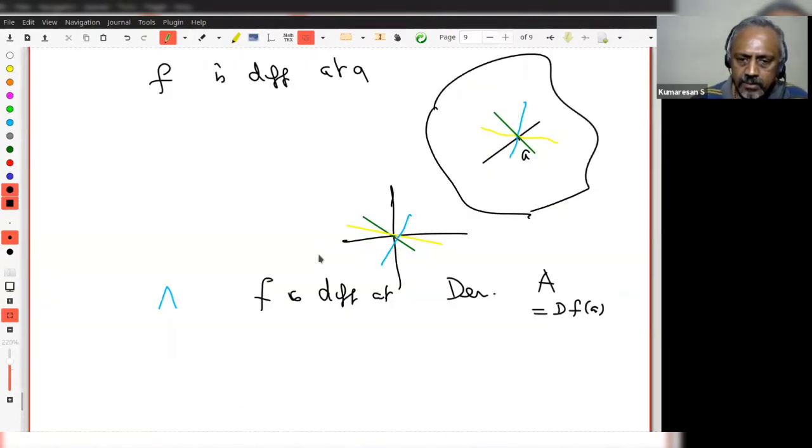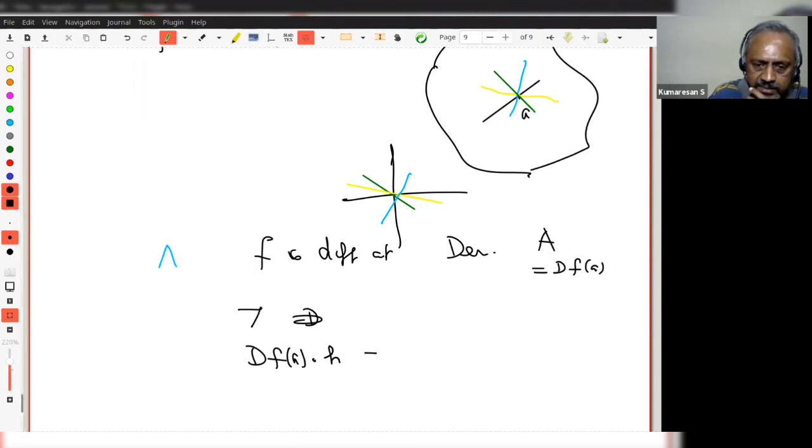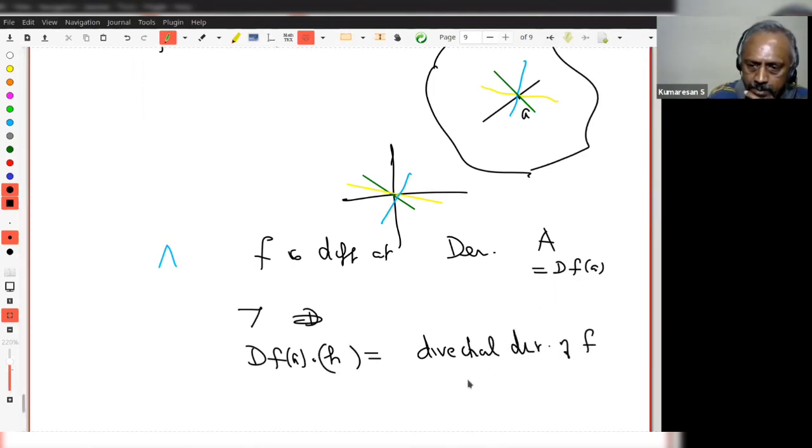Then let us look at the derivative, df at A acting on h. This is nothing other than the directional derivative of f at A in the V direction.